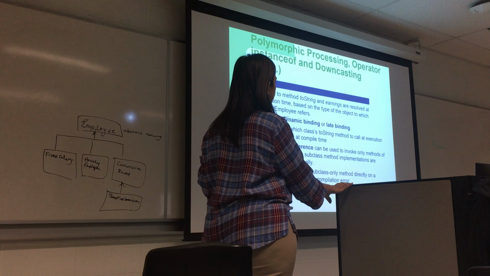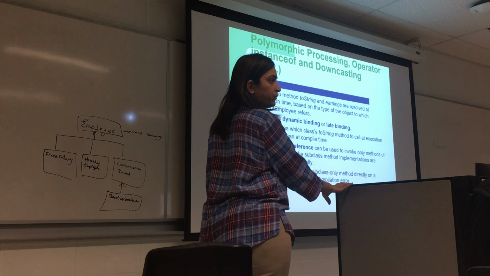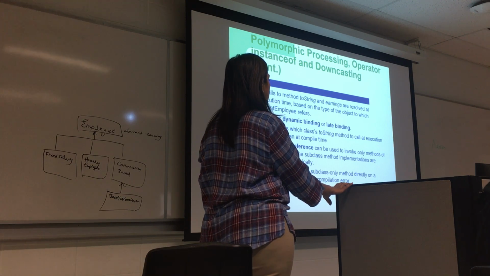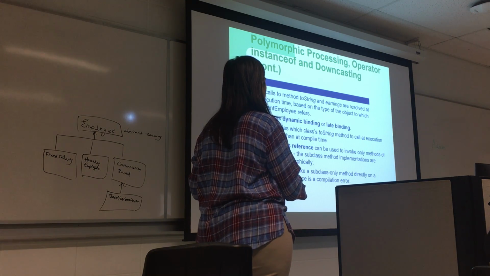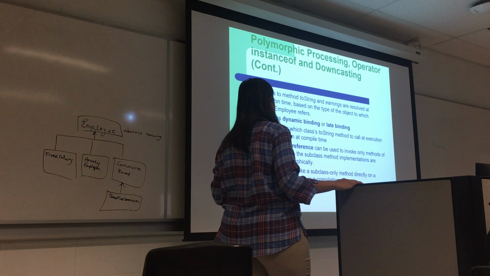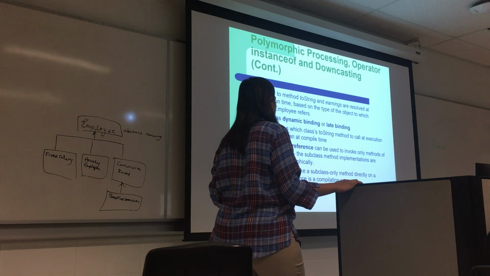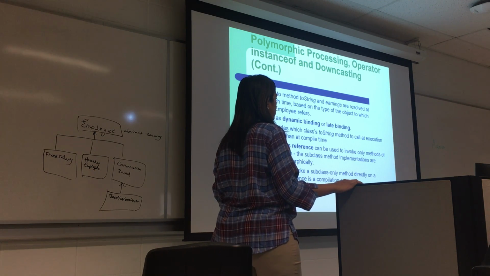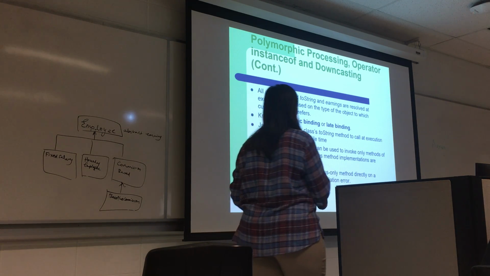A superclass reference is used to invoke members of the superclass, and the subclass method implementations are invoked polymorphically. So depending on the reference, it's going to call that particular method from the subclass. Attempting to invoke a subclass-only method directly on a superclass reference is a compilation error. We tried to invoke a subclass-only method on a superclass reference, and we got an error.